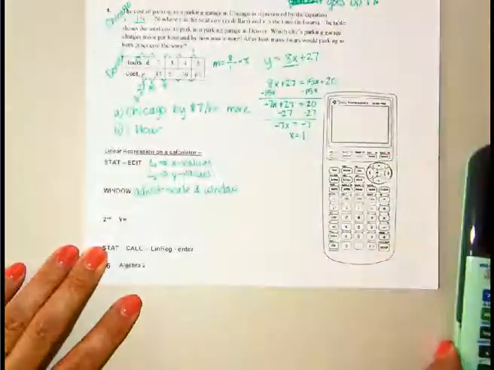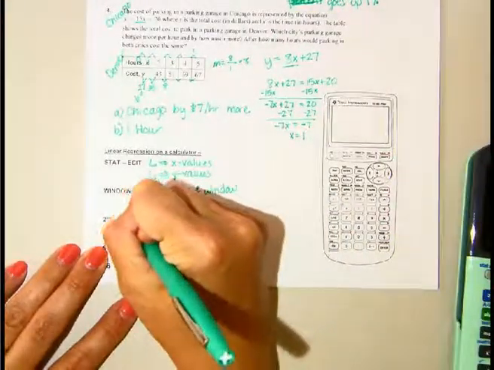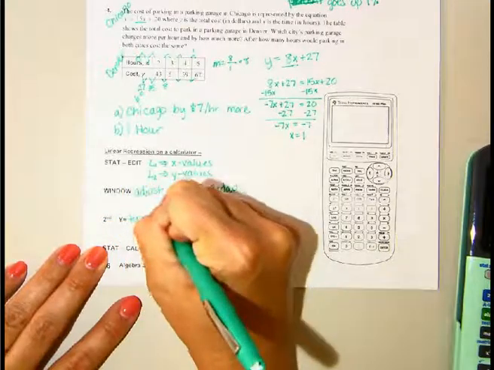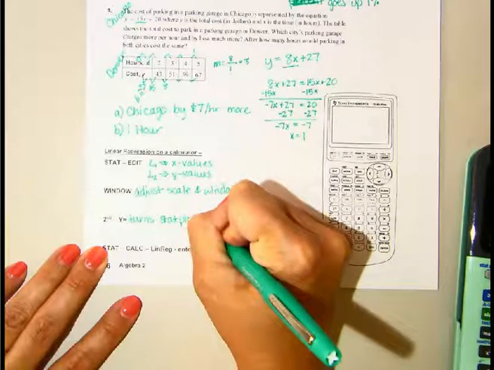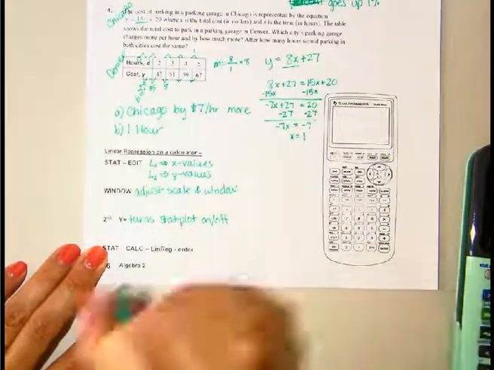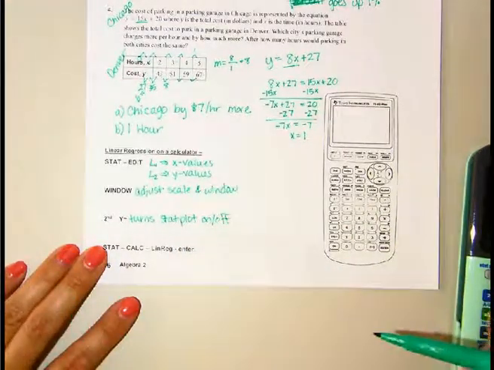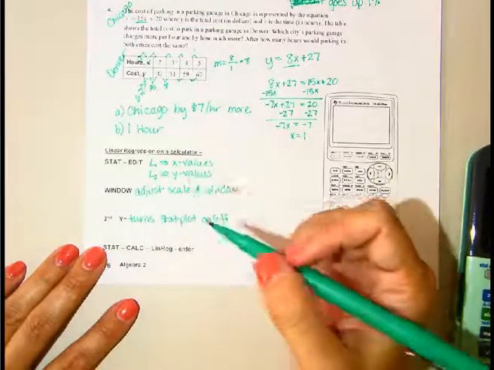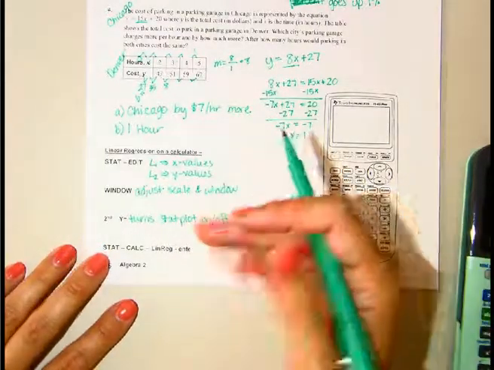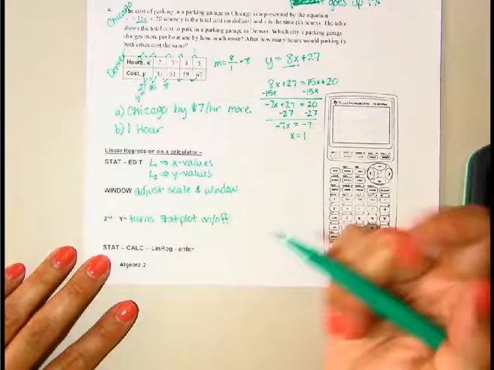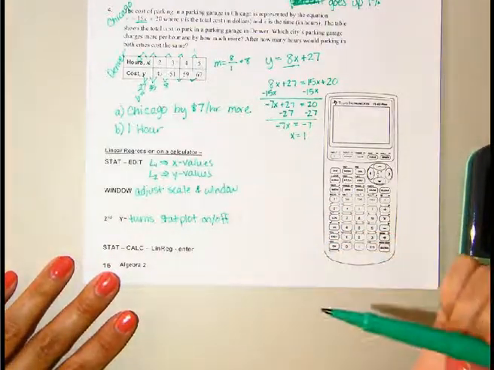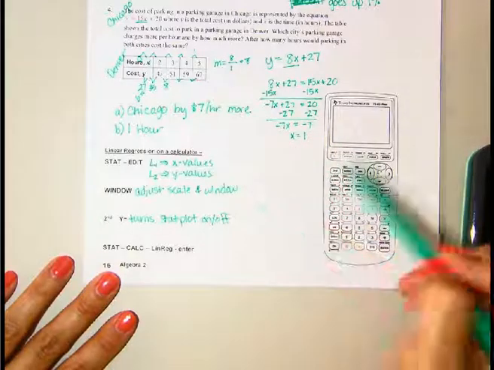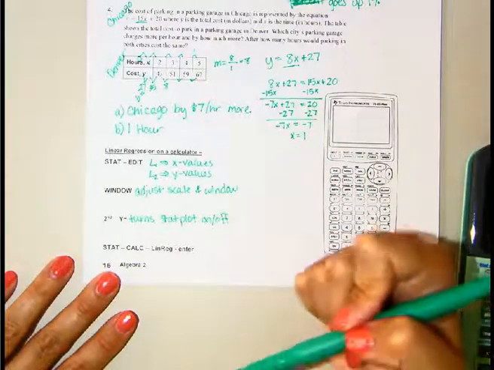That's to turn that on and off. So if you want to see all those points graphed on your calculator, you would turn it on and you could see them graphed. But a lot of times they'll be graphed on your paper, so that's not necessary. But just in case you want a visual of it, that's what you need to do. And then you turn it on, and then you just click the graph button, and it would show you.